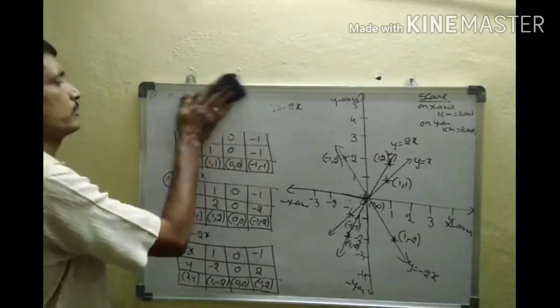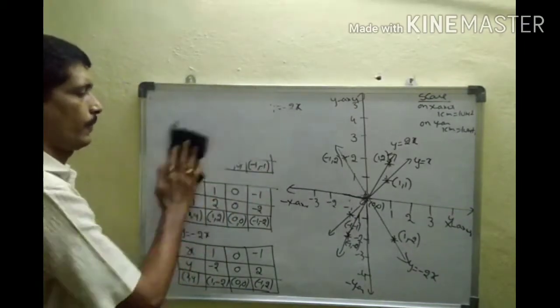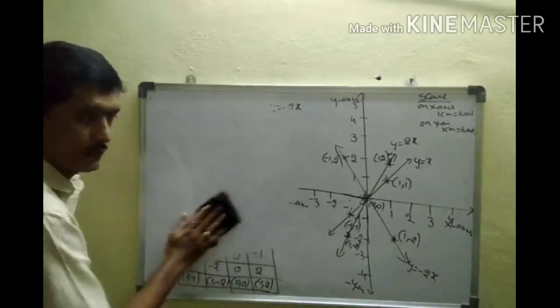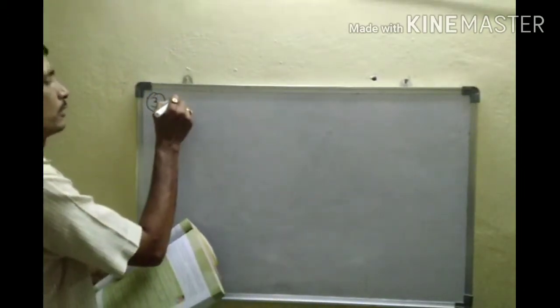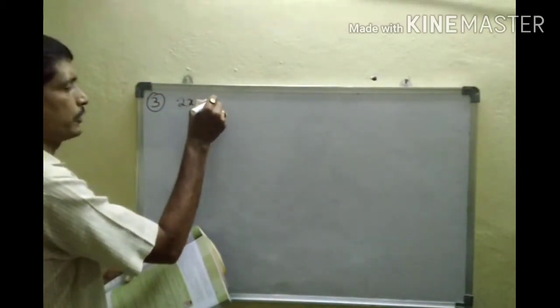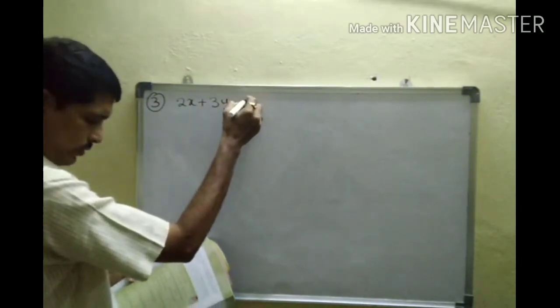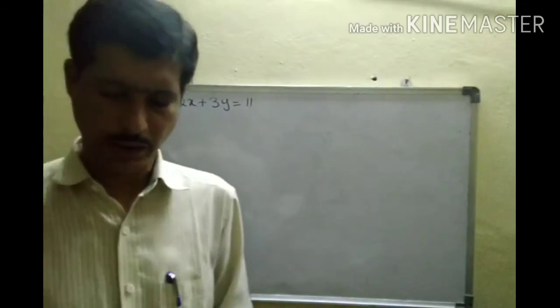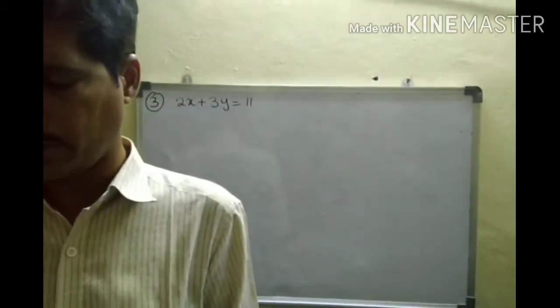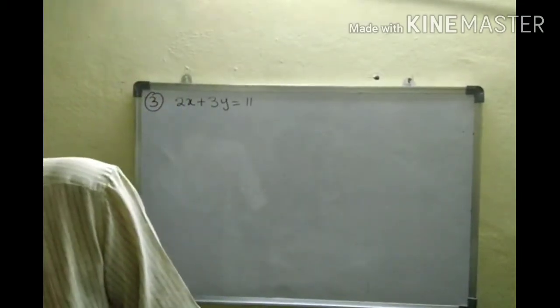Next, third question. Draw the graph of the equation, that is 2x plus 3y equal to 11. Find from the graph the value of y when x equal to 1.